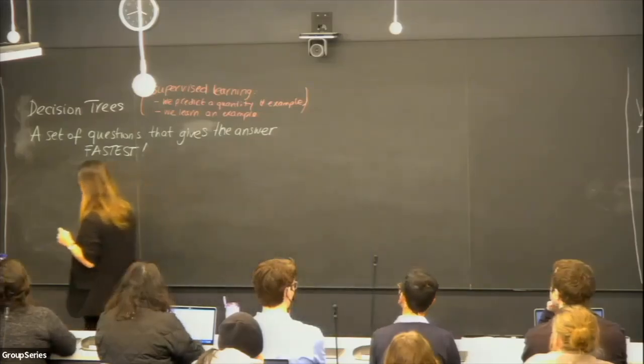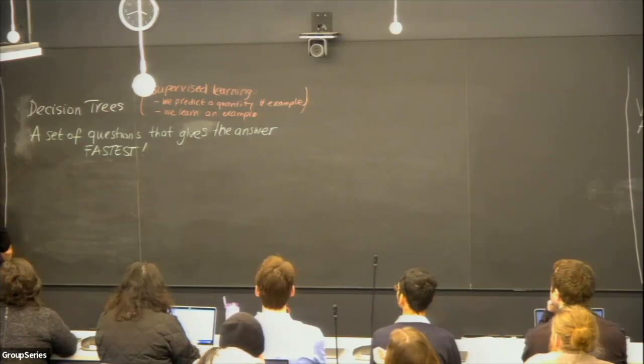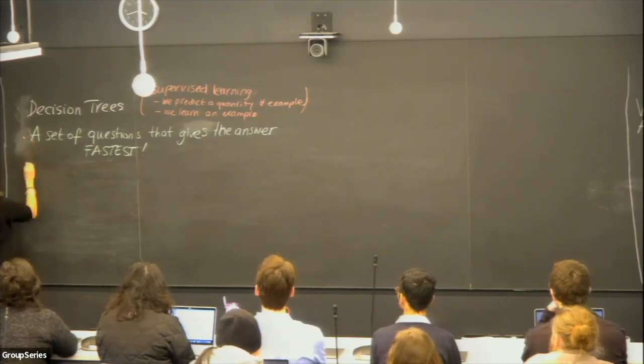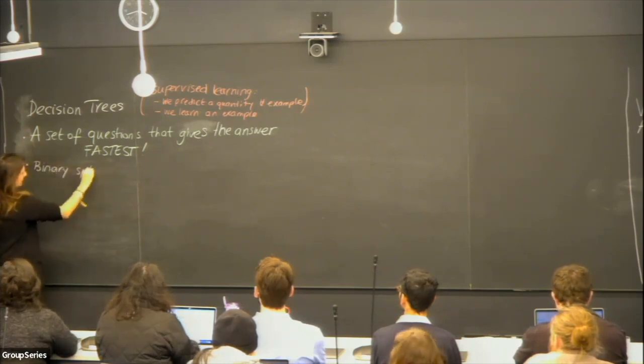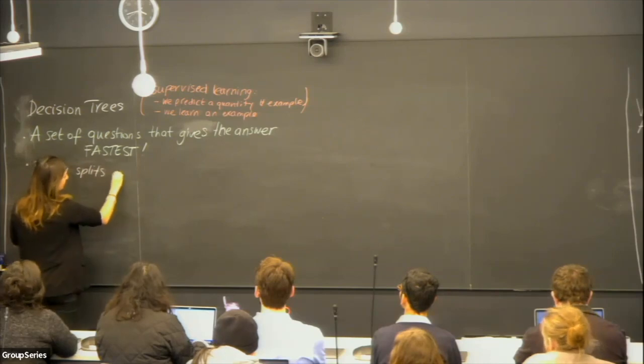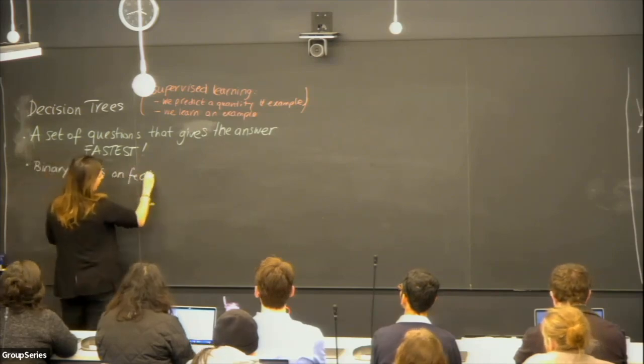Let me give you an example. I want to make binary splits on the features that I have. The features is another name for variables.